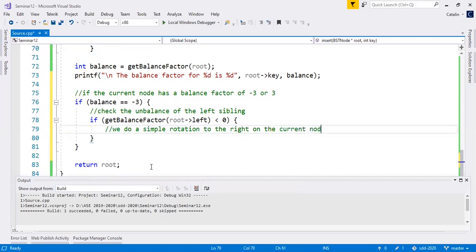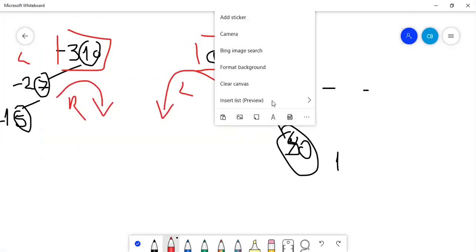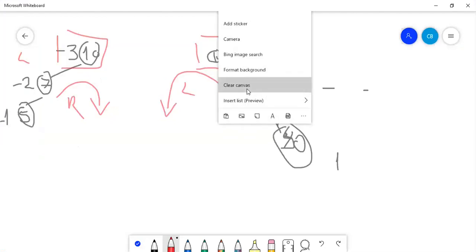Now what will happen if the balance factor of your left child is not negative? These are the situations where you need to do a double rotation. So for example, let's clear the canvas and show you that case.